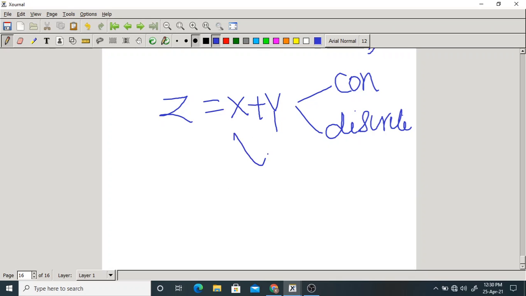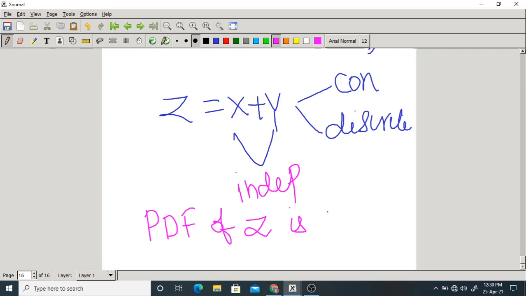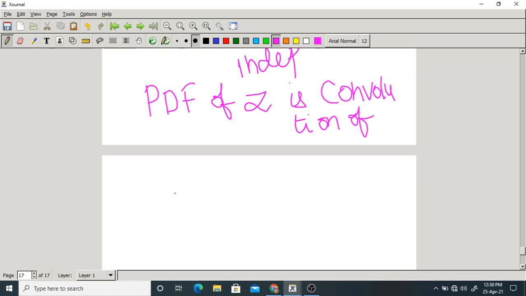If X and Y are independent, the PDF or PMF of Z is the convolution of the PDF or PMF of X and Y. This is simple logic.